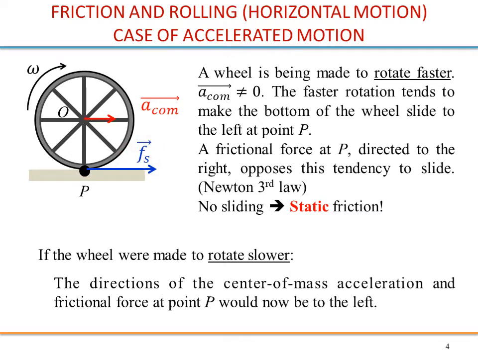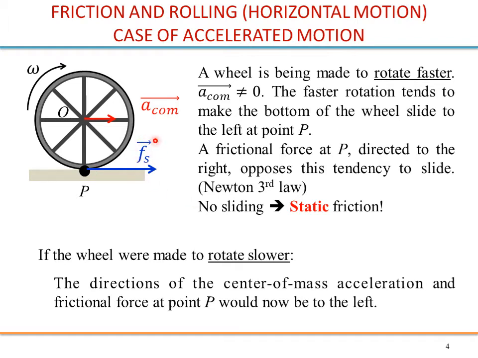So let's take the case where a wheel is being made to rotate faster. So the faster rotation tends to make the bottom of the wheel slide to the left at point P. So the wheel exerts a force on the road going leftwards. Therefore, as a reaction, the road exerts a force on the wheel towards the right.